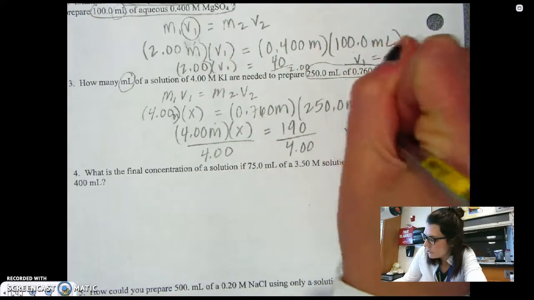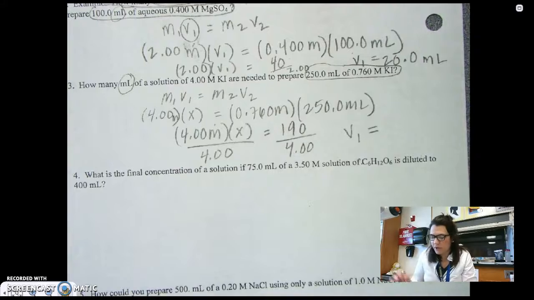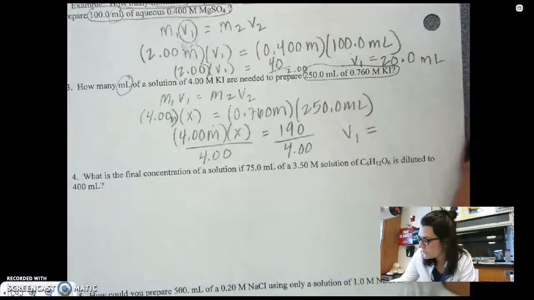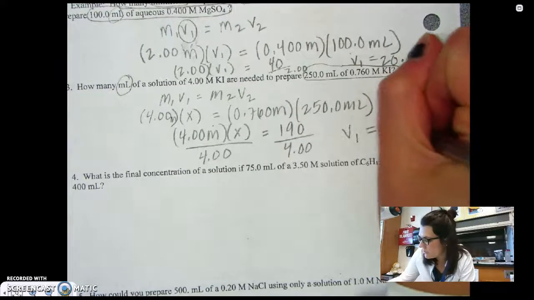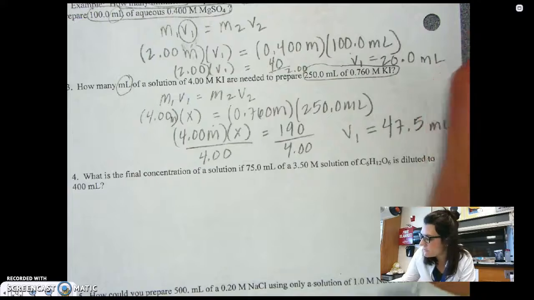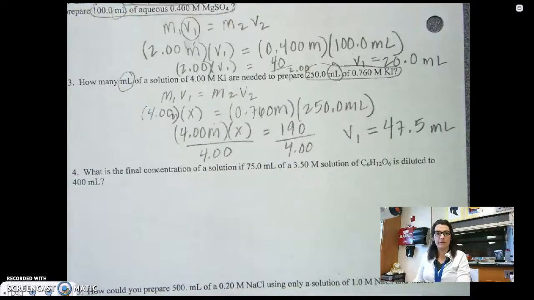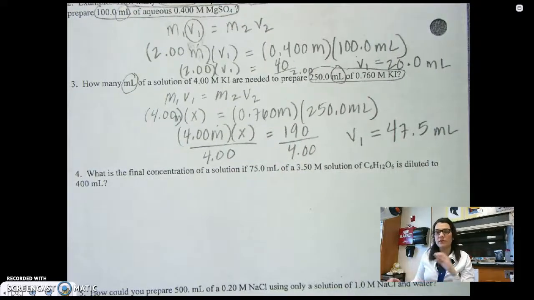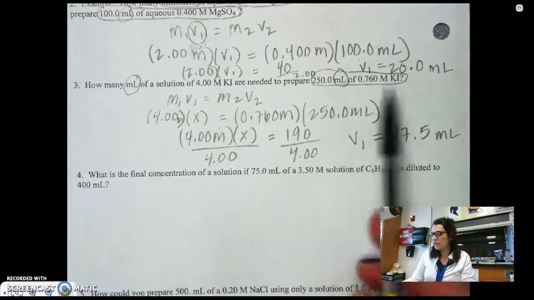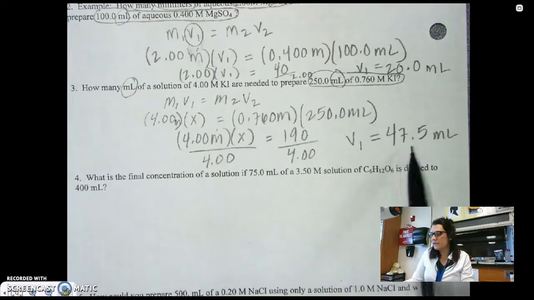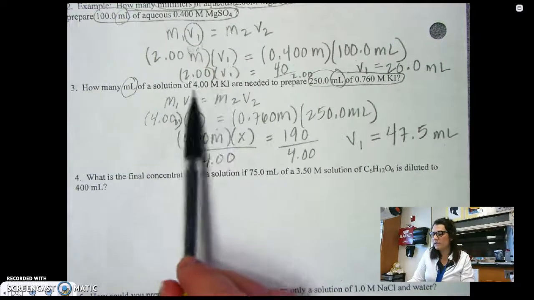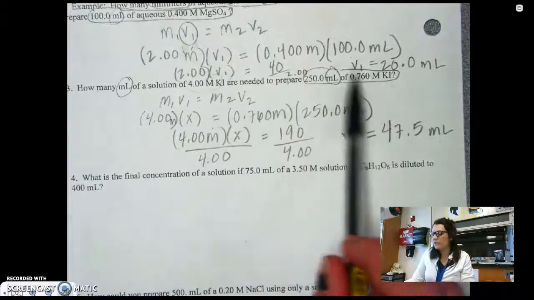So my volume, or my initial volume, is going to be, and I need 3 significant figures, 47.5, and it's milliliters because that's the volume that I started with. Okay, so in order to dilute this solution, I need to have 47.5 milliliters of this, and I'm going to dilute it to this.